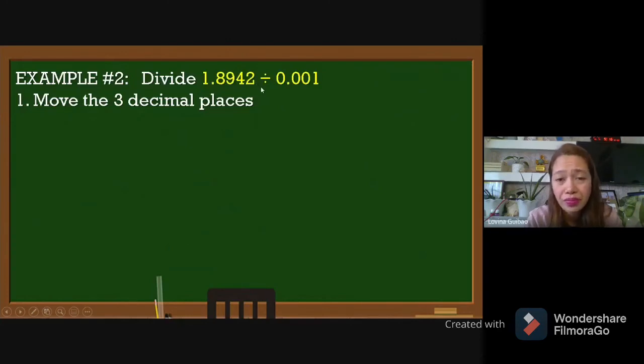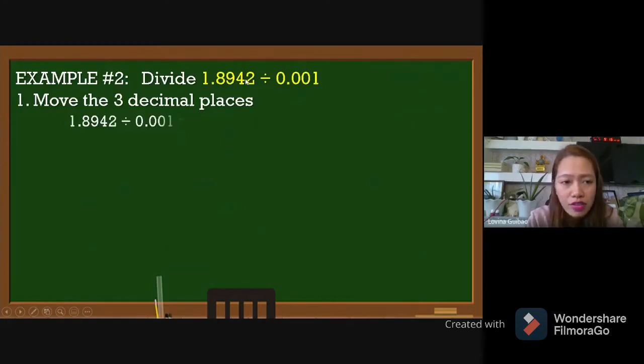1.8942 divided by 0.001. So what's our rule? If it's a decimal number, the movement of the decimal point is going to the right. At paano ang bilangan? Bibilangin mo kung ilang numbers ang nandyan sa decimal places na yan, decimal numbers. 1, 2, 3. So 3 ang movement nito. 1, 2, 3.